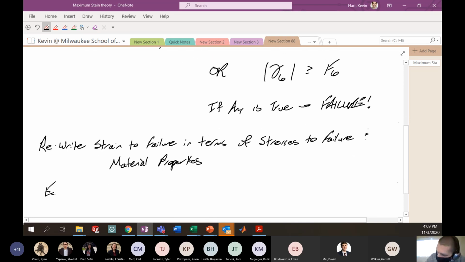So what I mean by that is, you know that your strain to failure in the one direction in tension is going to be equal to the failure strength in the one direction in tension divided by the modulus of the composite in the one direction, for example.